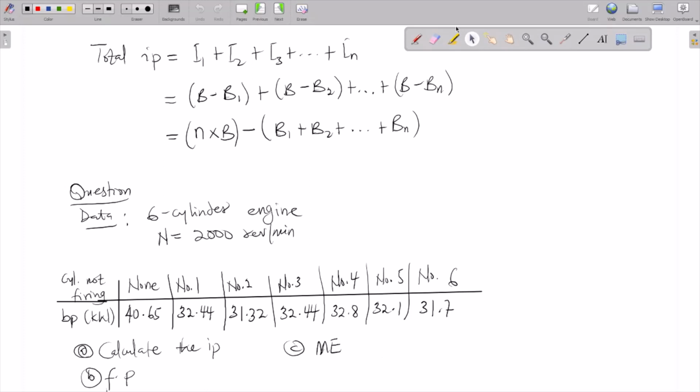Now the total indicated power will be equal to I subscript 1 plus I subscript 2 plus I subscript 3 to I subscript n.